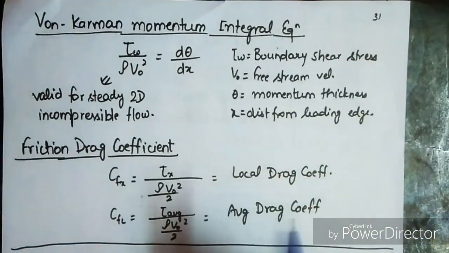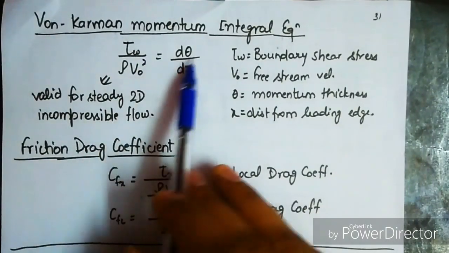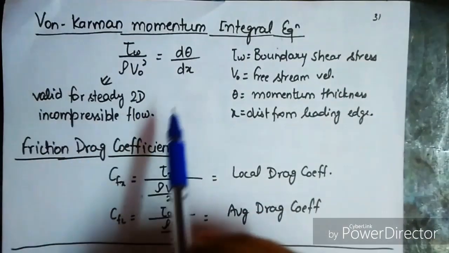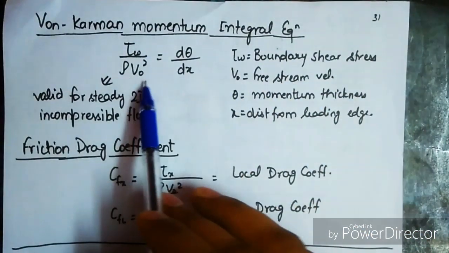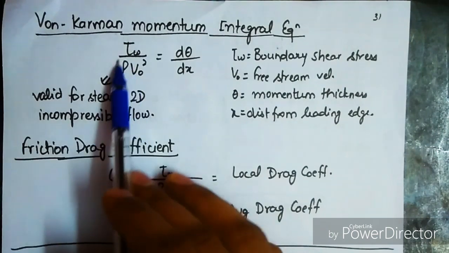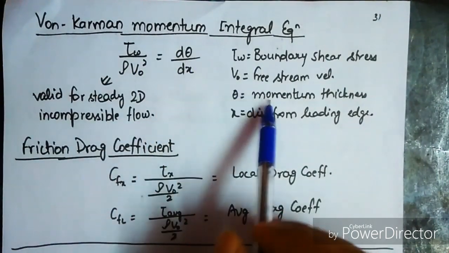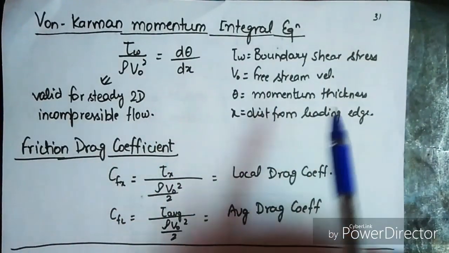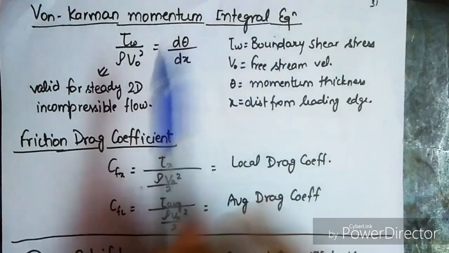Next is the von Karman equation. Von Karman momentum integral equation: tau w upon rho v naught square equals d theta by dx. Here tau w is the boundary shear stress, v naught is the free stream velocity, rho is the density of the water or the liquid, theta is the momentum thickness, and x is the distance from the leading edge. This is the von Karman momentum integral equation.